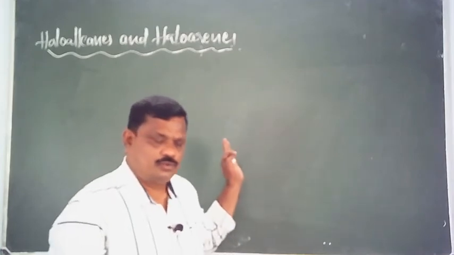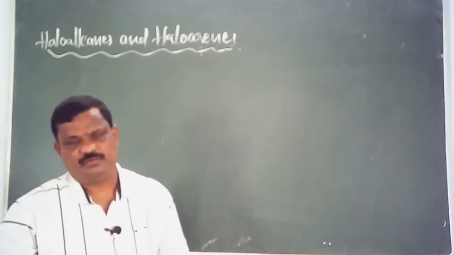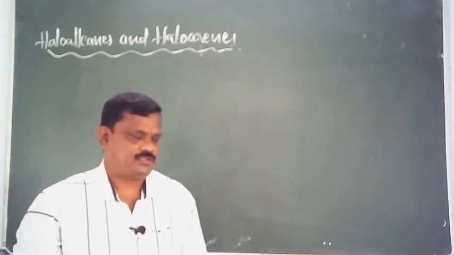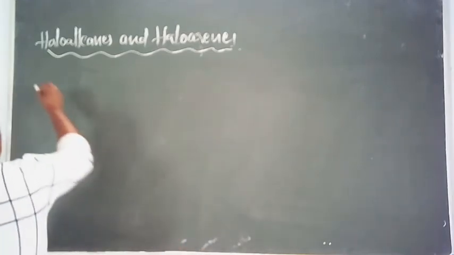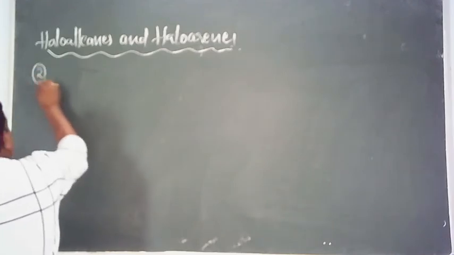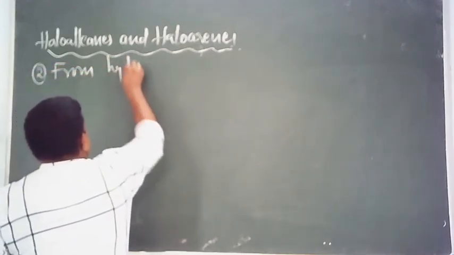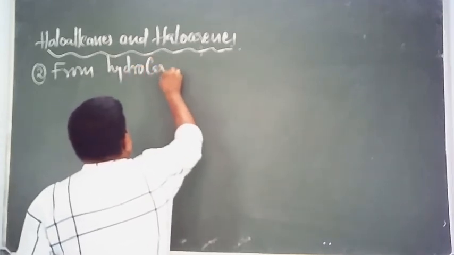Okay, let me go through the second method which can be used to prepare alkyl halides. Second one is from hydrocarbons.